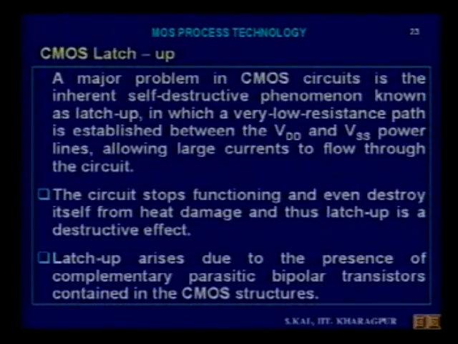These two transistors will be connected in such a fashion that positive feedback will be developed. Because of the positive feedback, if the parasitic bipolar transistors have enough gain, a large current will flow from the supply to the ground. And this is similar to the thyristor effect.